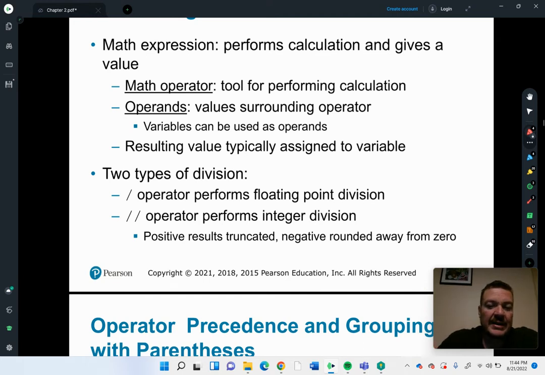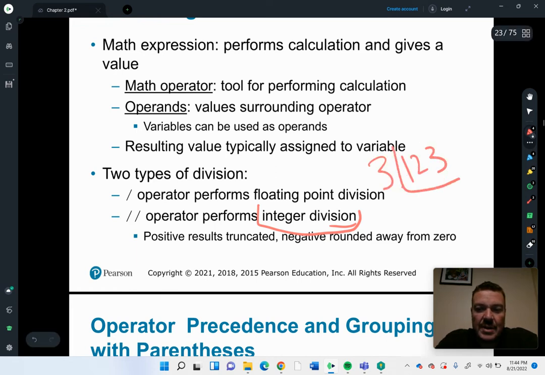So again, if we're doing integer division and the results have a decimal in it, anything on the decimal is truncated. If it's a negative number, then it's rounded away from zero.